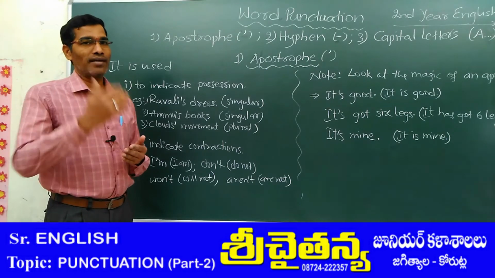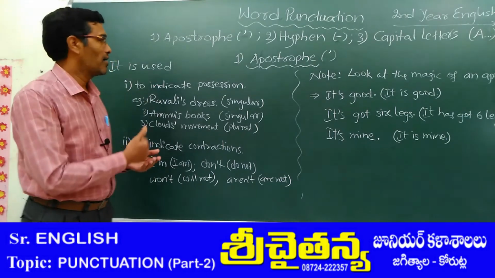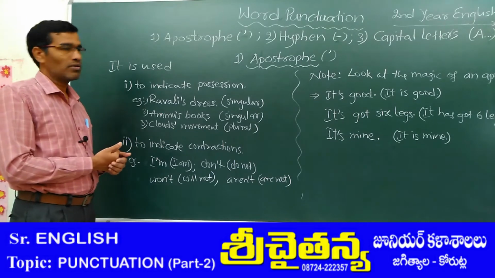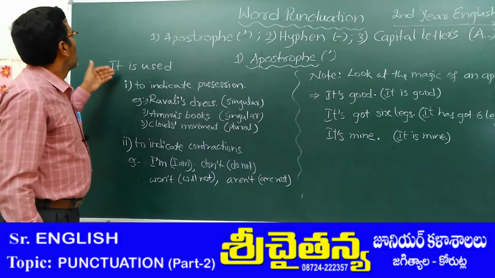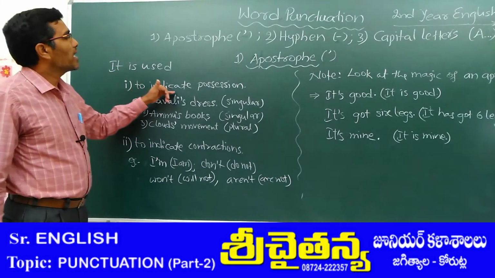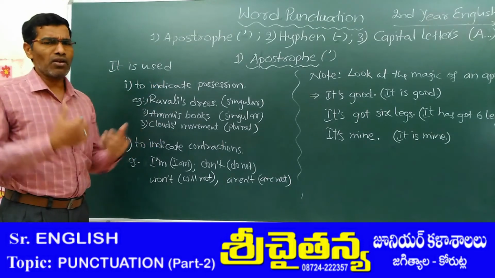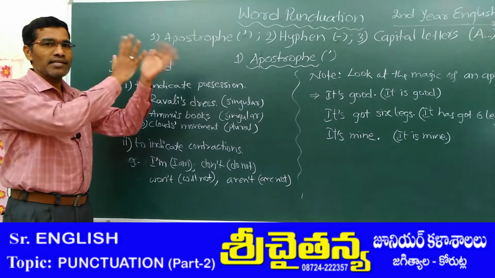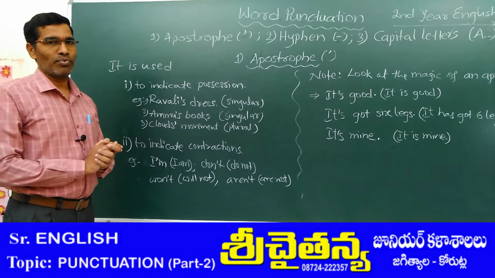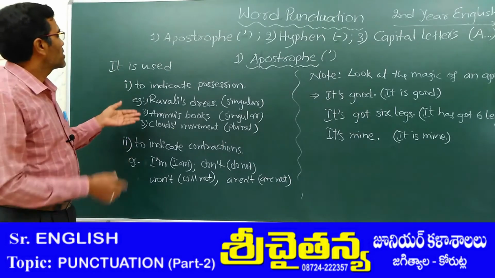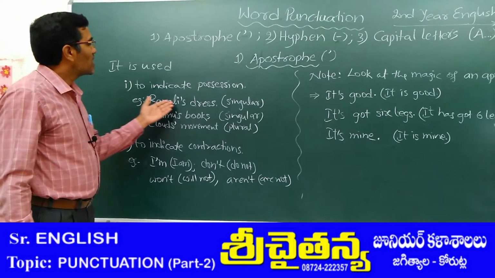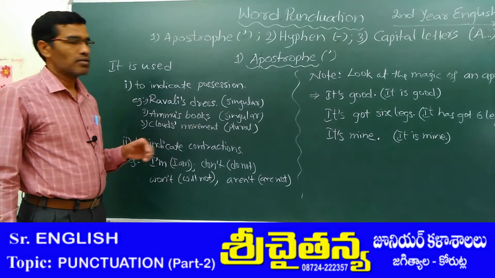I think you could understand it there itself. Let us discuss once more. It is used to indicate possession. Possession means belonging. Let us take the example Ravani's dress.